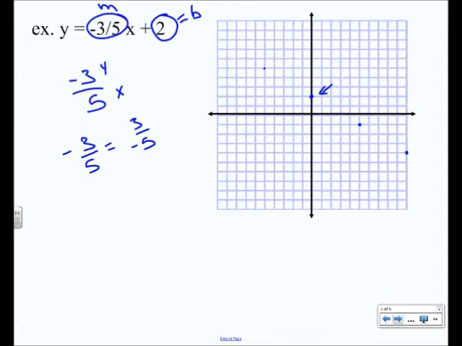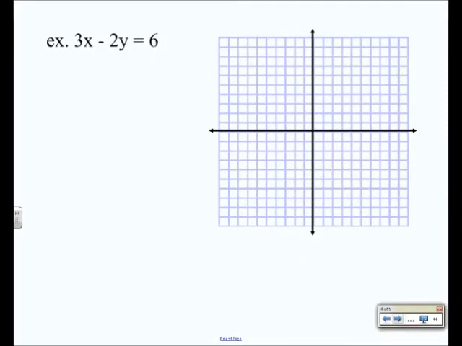Now we've got plenty of points stretched across this graph. Let's connect the dots. I don't draw the straightest of lines, but you get the idea. That should be a straight line. So again, we've used our slope and our y-intercept to draw a straight line using the slope-intercept form.